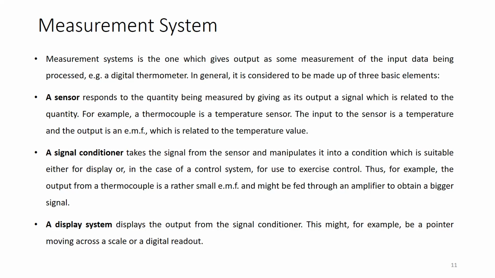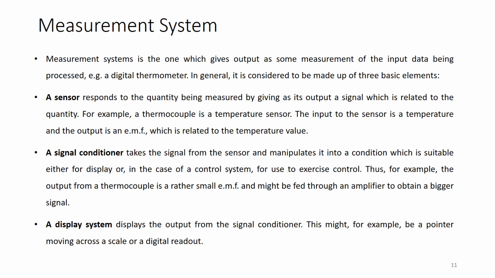At the input level, there may be other types of input which are occurring, but at the output you will get a measurement of any length, any weight, any value in the numeric form. So that will be considered a measurement system.